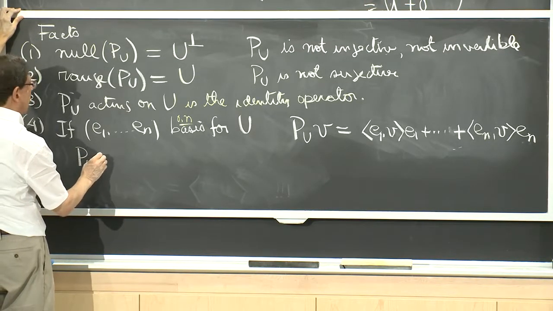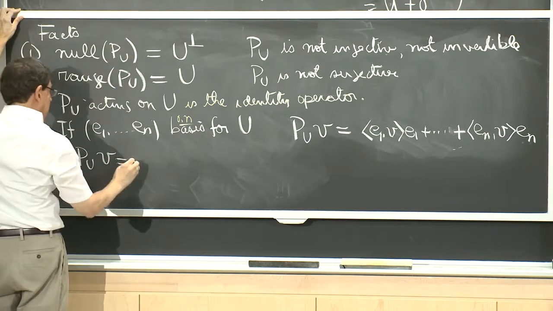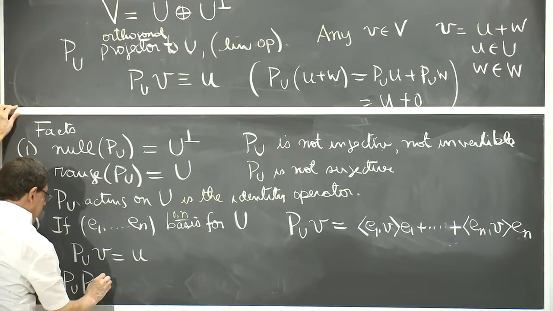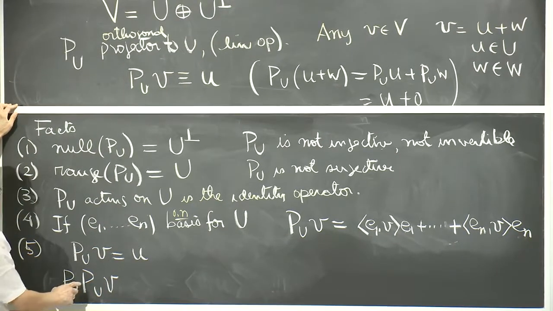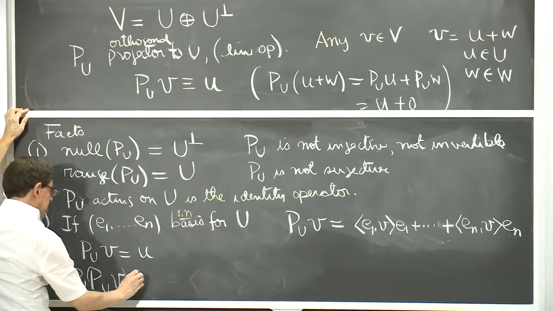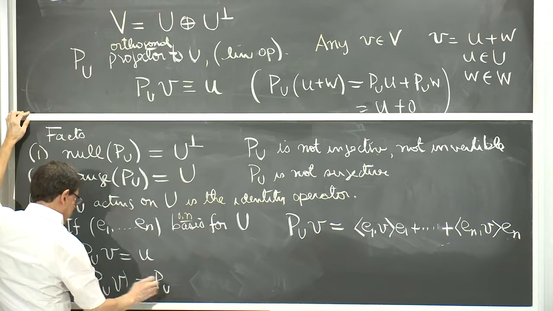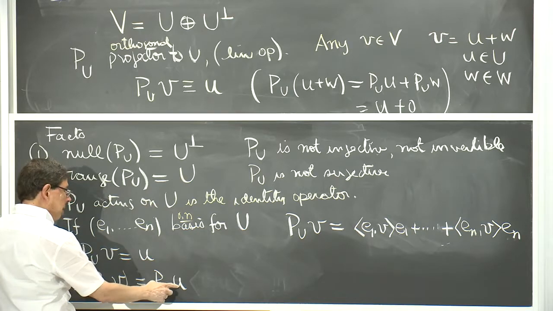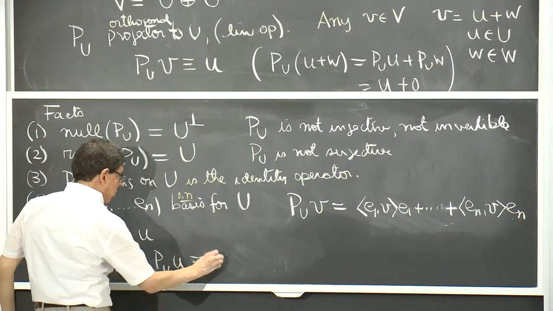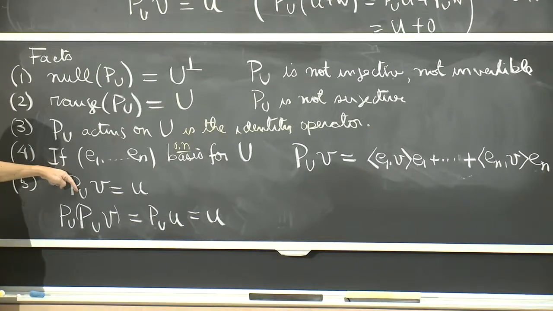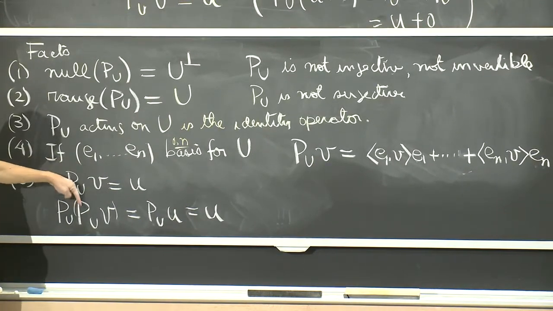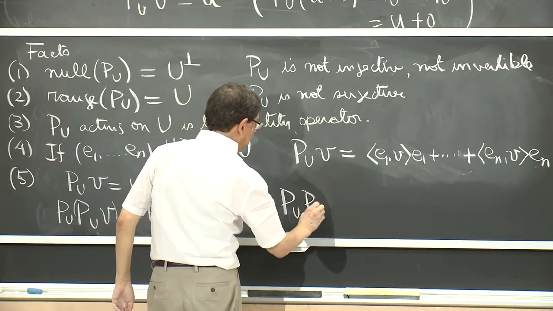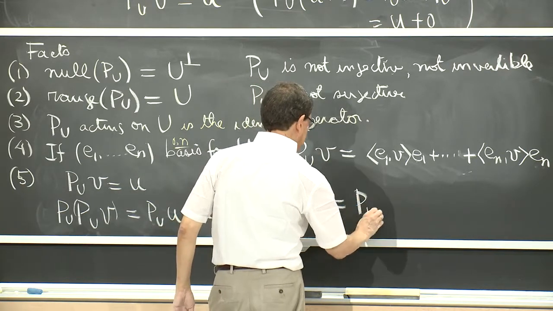If you have P_U acting on V, as we did before, you get U. If you have P_U times P_U acting on V, well, you use associativity, so you evaluate this first, and it would be P_U acting on U. But P_U acting on U is the identity on U, so this is just U. So what you discover is that P_U squared on any vector is the same as P_U acting on the vector. So P_U squared is the same thing as P_U.